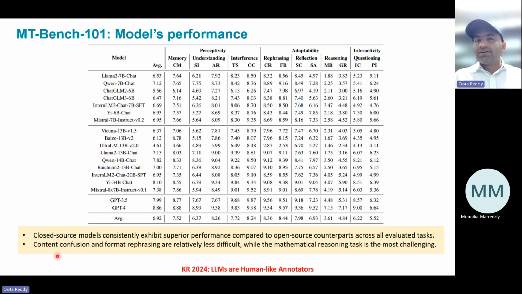Also, tasks like content confusion and format rephrasing are relatively less difficult, because if you look at rephrasing or content confusion, every model reached good performance, on a scale of 1 to 10.